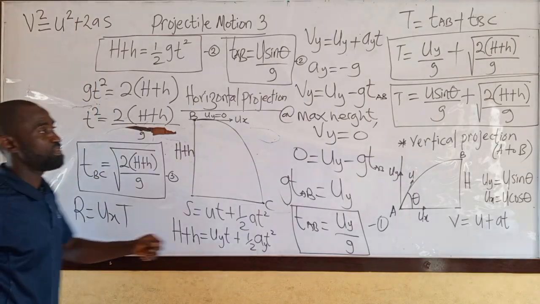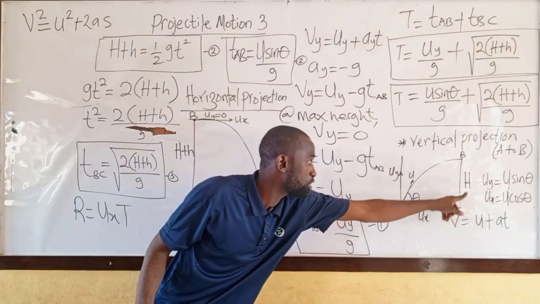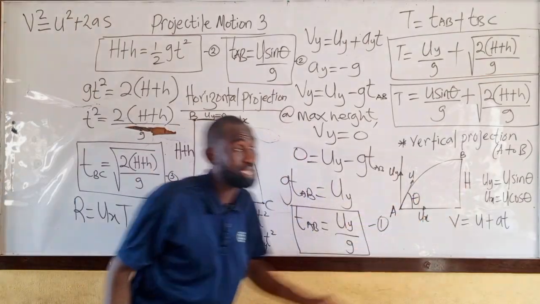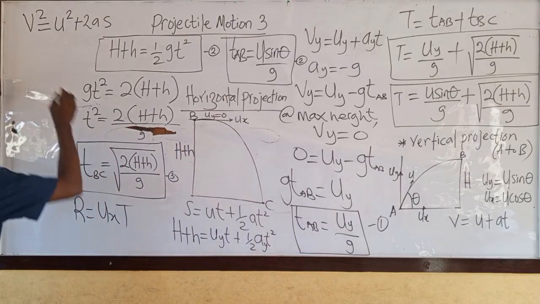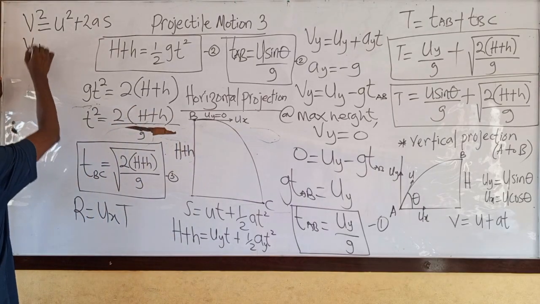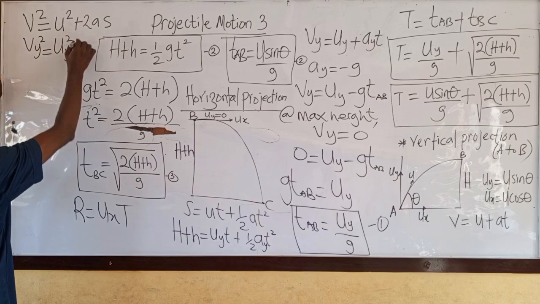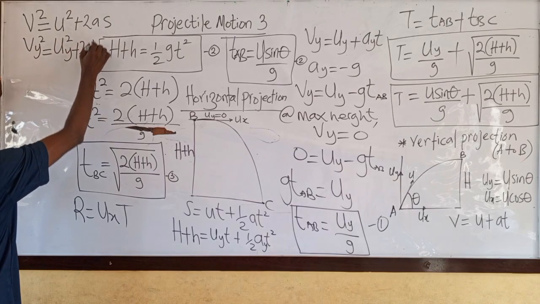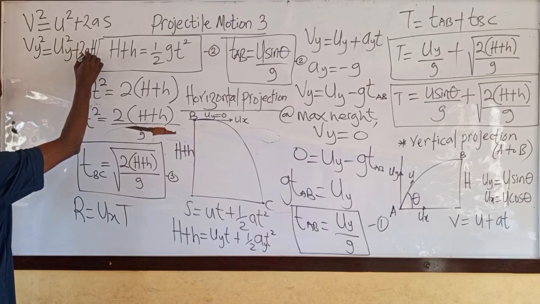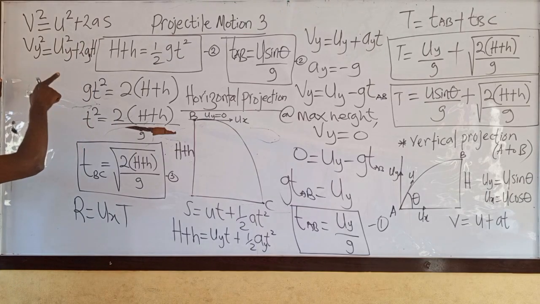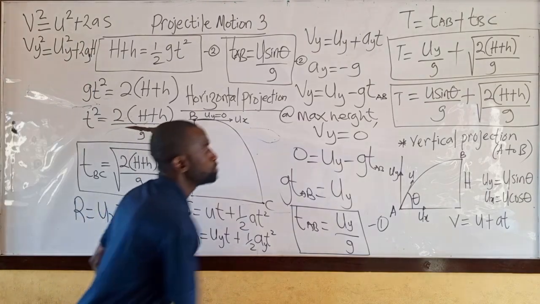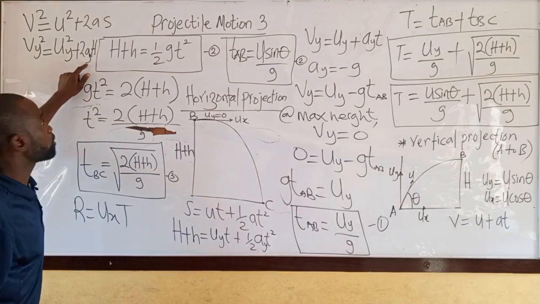Since we're discussing vertical, because you can also calculate the maximum height, here we have V of y squared equals U of y squared plus 2A of y times H. The body is going upward, so this is our A of y, because of the minus.